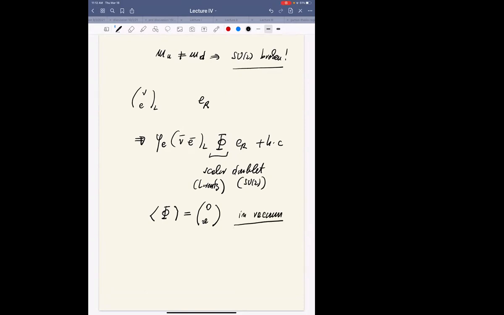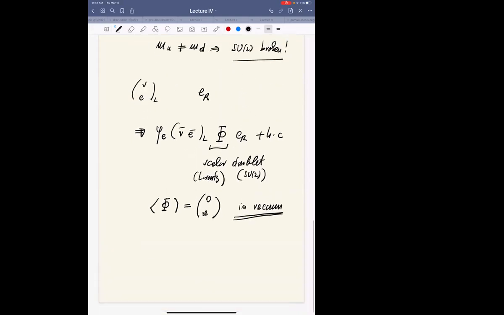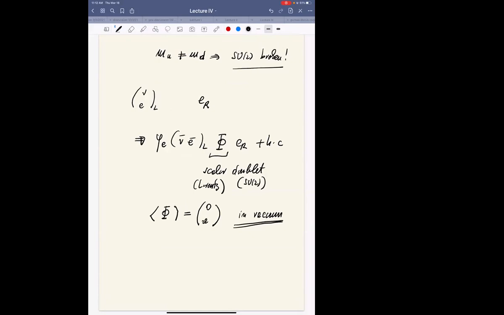If that was to happen, it would break SU2 symmetry, obviously. Because even when there is no energy, there can be no SU2. From here, we will get Yukawa E, EL, ER, plus Hermitian conjugate.